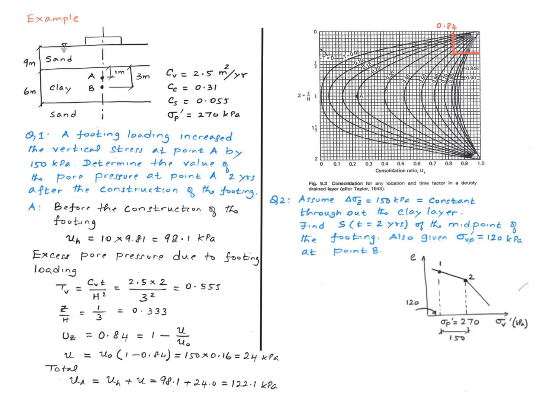So what we want to do is to make a sketch in the e versus sigma v prime space, mark the initial and the final points so that you will know whether you have to use the normally consolidated line or the swelling line or both in order to calculate the change in void ratio. So in this problem, the pre-consolidation pressure is given as 270 kilopascal, whereas the initial stress is only 120, and therefore the soil is definitely an over-consolidated soil.